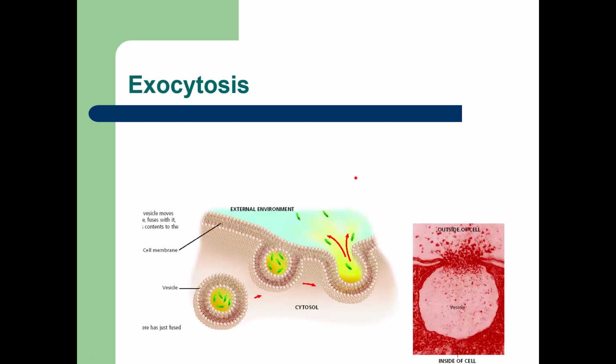And then exocytosis. So endo means in, exo, just like exit, means out. So this time we are getting rid of things. Could be waste, could be hormones that are made in the body that need to be transported to other places. All right, we have our vesicles that we learned about in the last unit. They're going to essentially come up, merge with the cell membrane, spit those bad boys out.